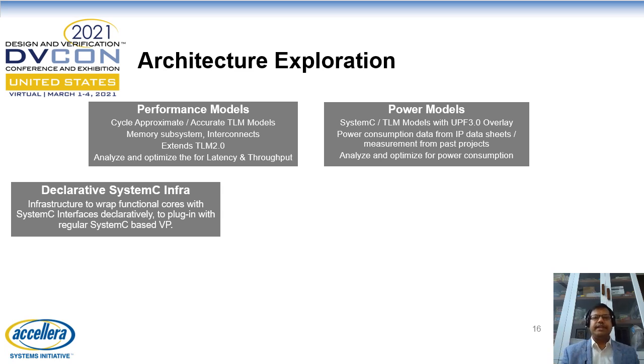Rather, it needs to be fitted into the entire system to see during the simulation if there are any bottlenecks, etc. And to do that, the C functions have to be wrapped in a SystemC format so that it can interact with the rest of the virtual platform. So here, instead of doing SystemC modeling from scratch, we can make use of such declarative SystemC infrastructure, which can be built to ease this process.